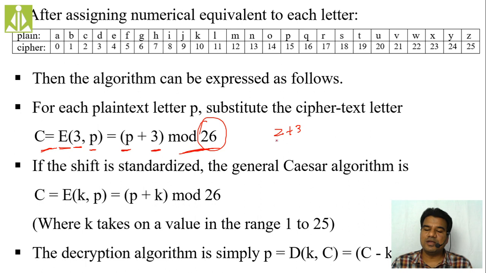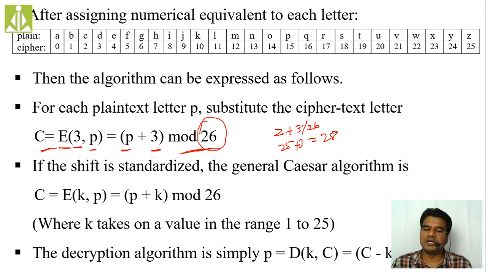So 25 plus 3, what will we get? It is 28. Do we have any character equivalent for this 28 in our table? No, we don't. So what we have to do? Simply apply mod 26. So you will get what?